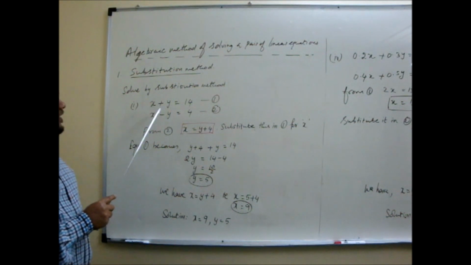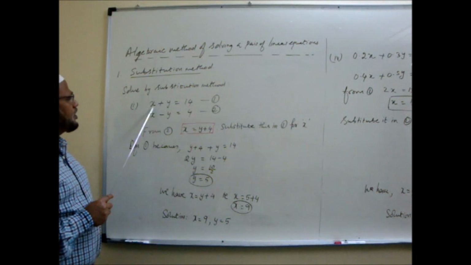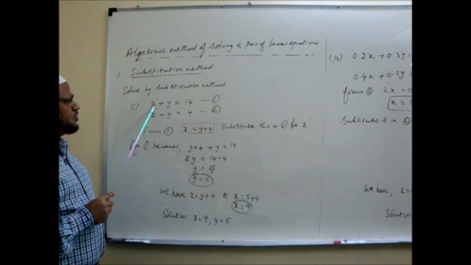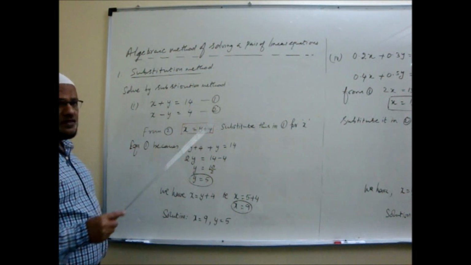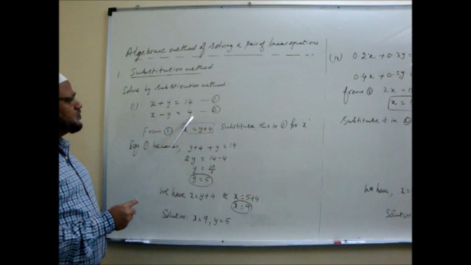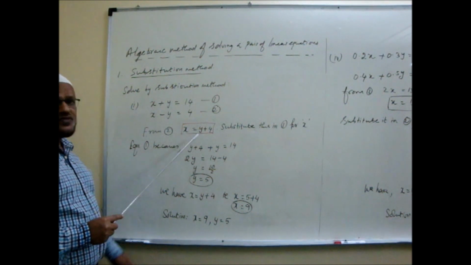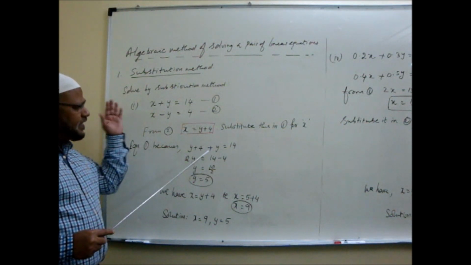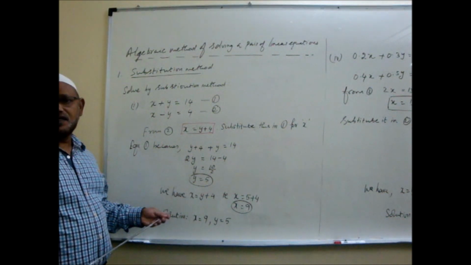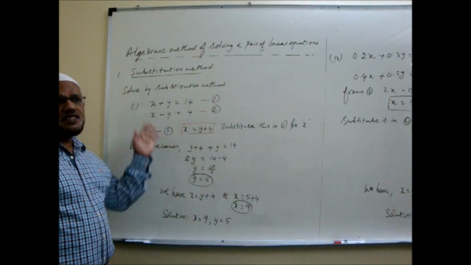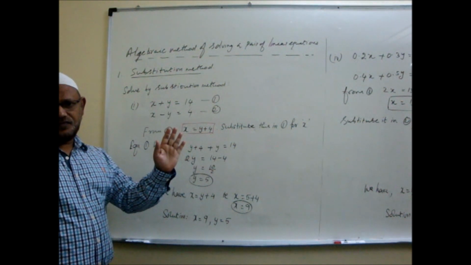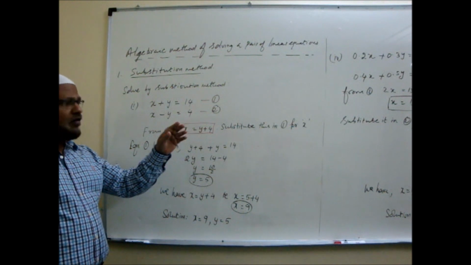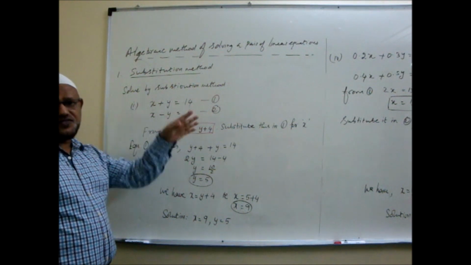One example has been taken here. See, the pair of equations given is x plus y is equal to 14 and x minus y is equal to 4. Understand? We need to solve. So what exactly do we do in the substitution method? From any one of the equations, write x in terms of y by transposing, or y in terms of x.